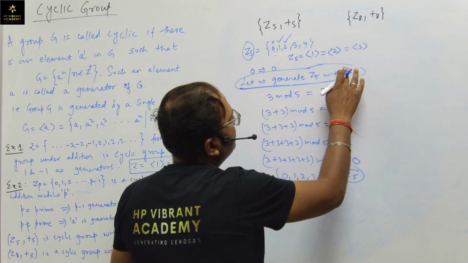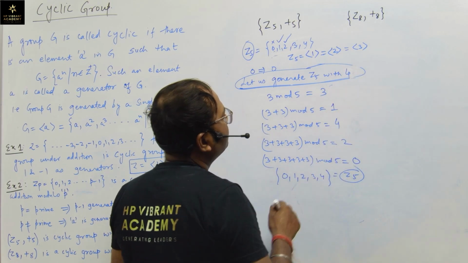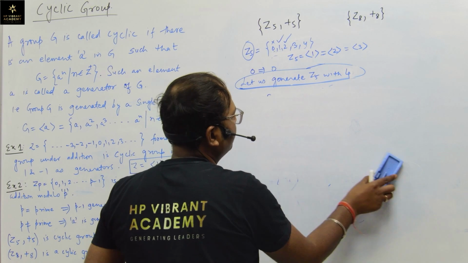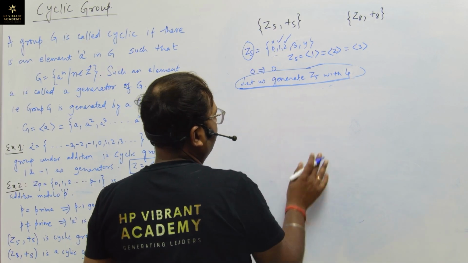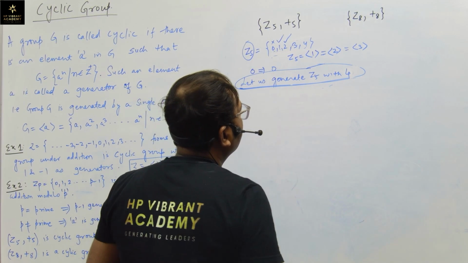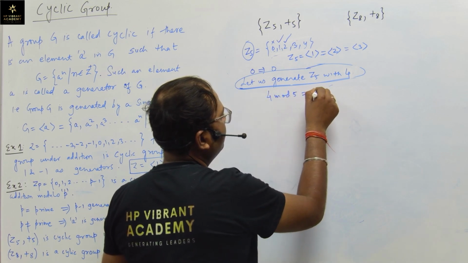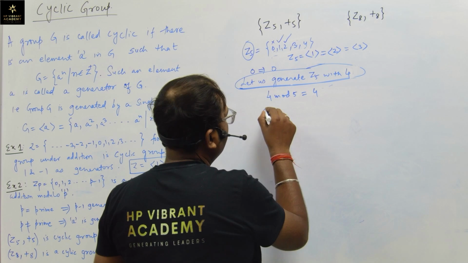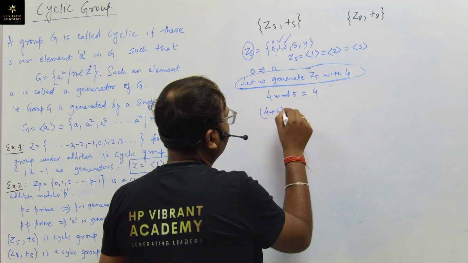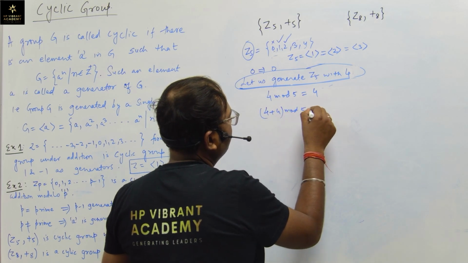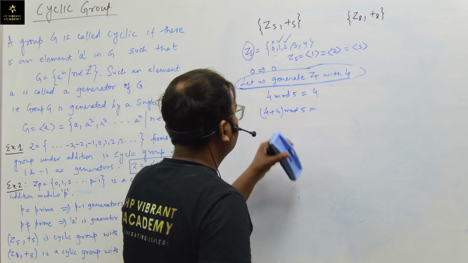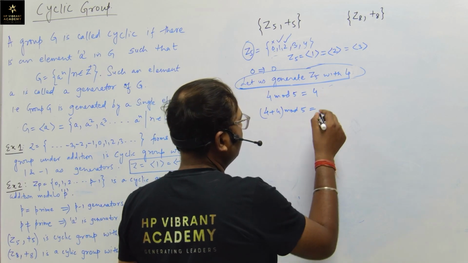Now let us generate Z5 with 4. So we have 4 mod 5. This is equal to 4. Now we have 4 plus 4 mod 5. This is equal to 4 plus 4 is 8. 8 mod 5. The remainder is 3.